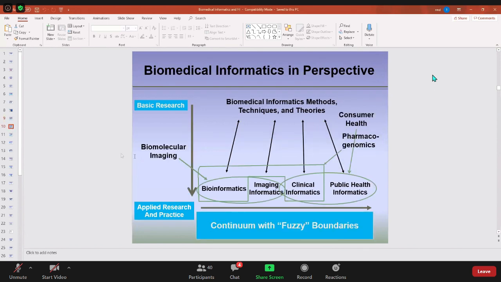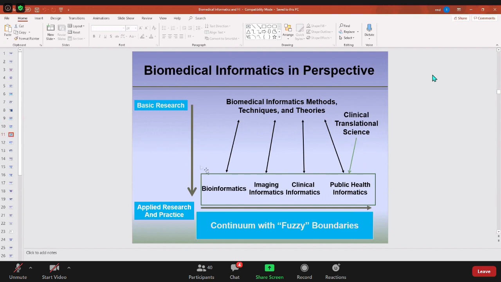So moving forward, you can reclassify bioinformatics and imaging informatics as biomolecular imaging, and bioinformatics and clinical informatics as pharmacogenomics, okay? And clinical informatics and public health informatics as health informatics or consumer health, okay?